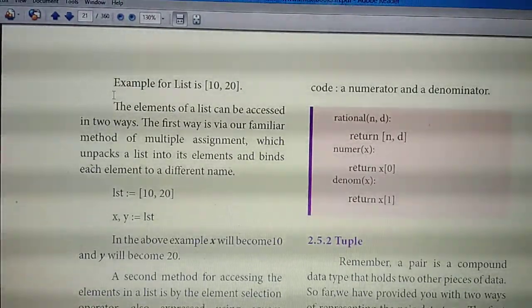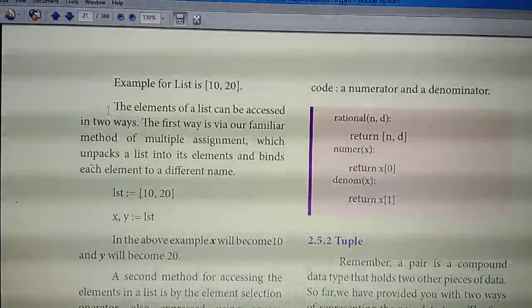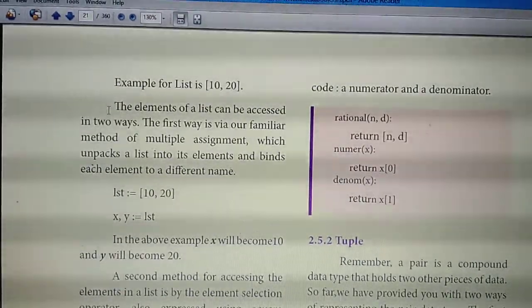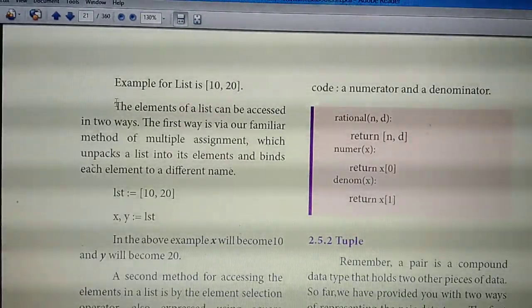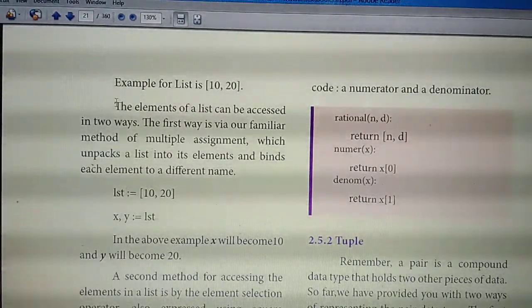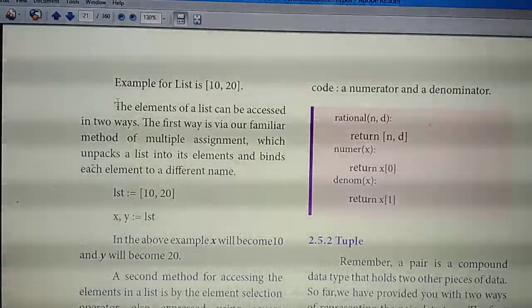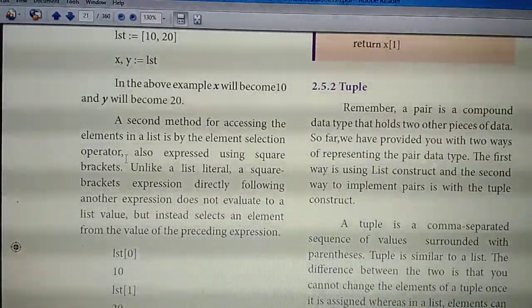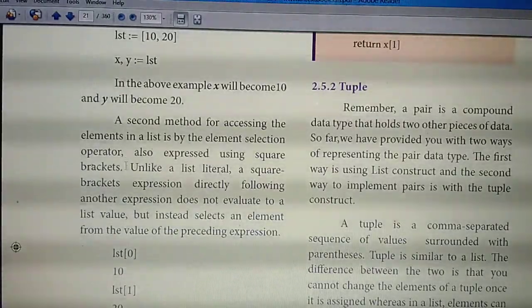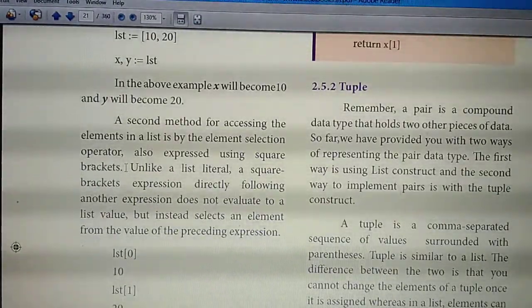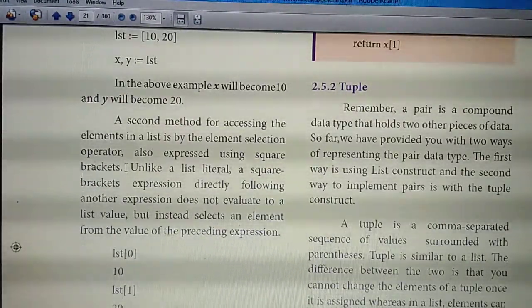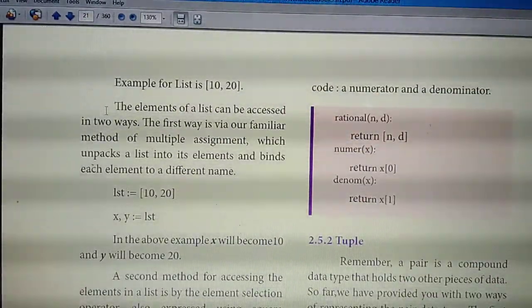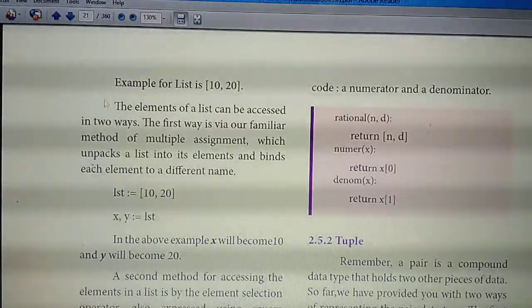Starting from here: the elements of a list can be accessed in two ways.